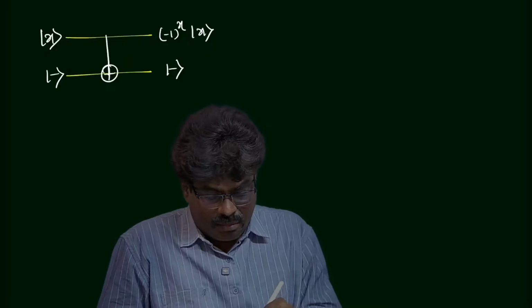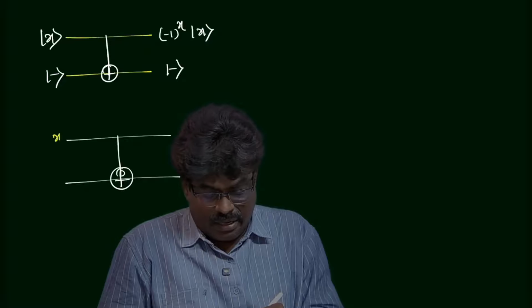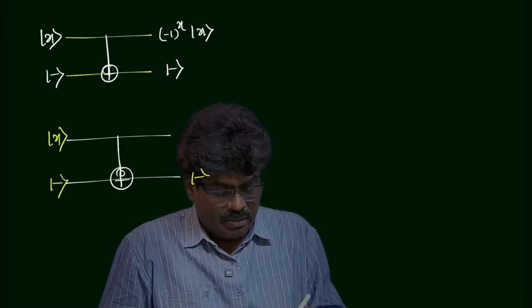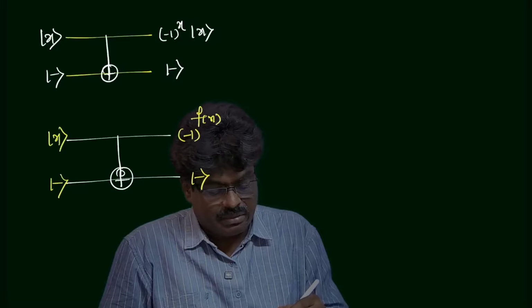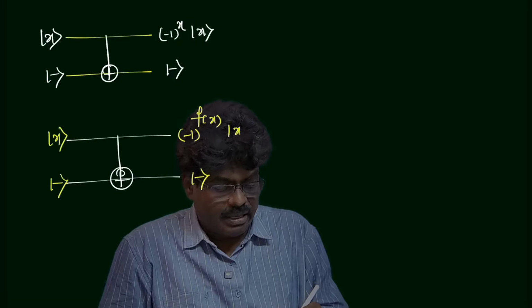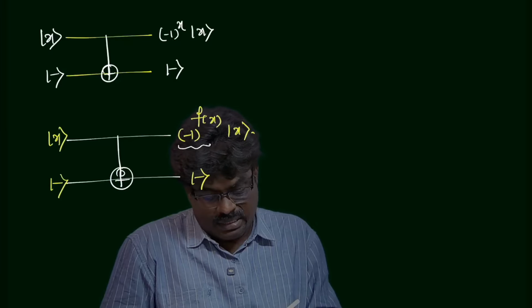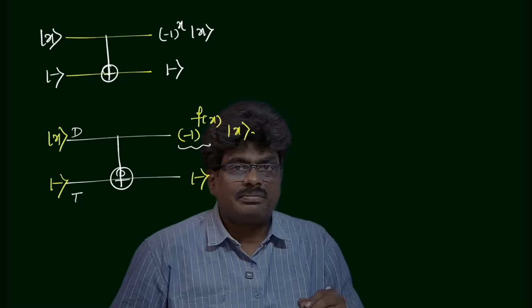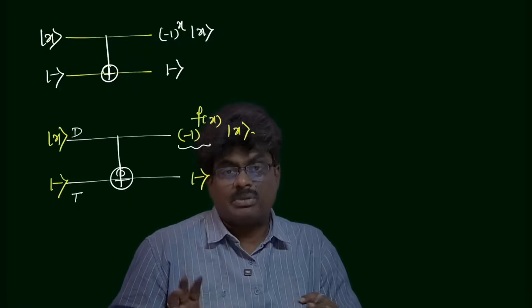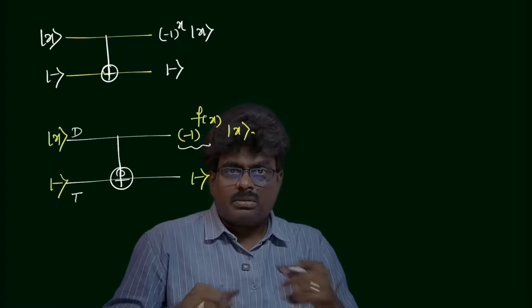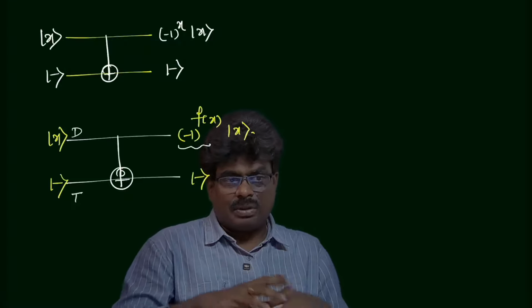If I take more generally some function, let us suppose f, and here we have X and this minus, the minus state is as it is, and we get minus 1 whole power f of X. So this factor is transferred from the target register to the data register. This is what we are discussing about phase kickback. It transfers the information of that function from the target register to the data register.